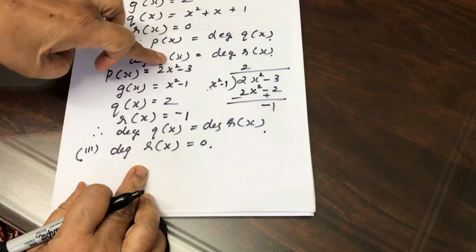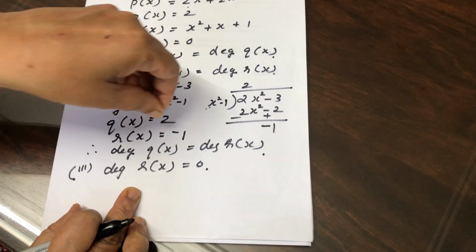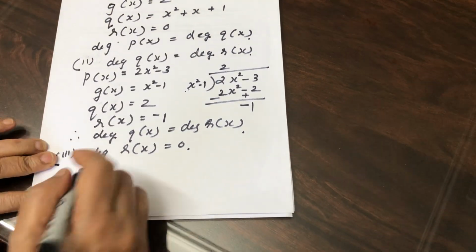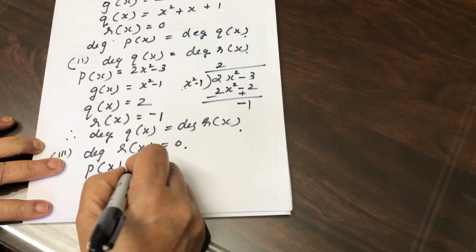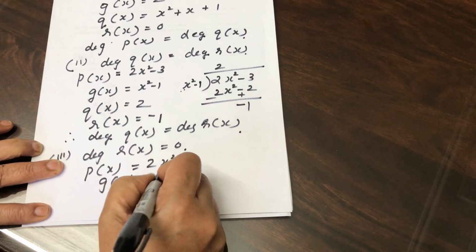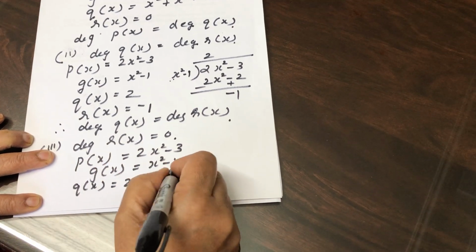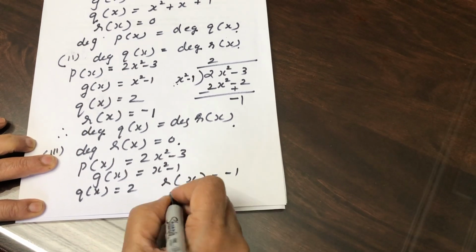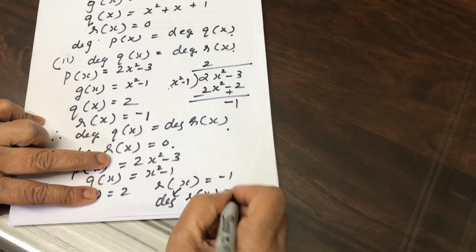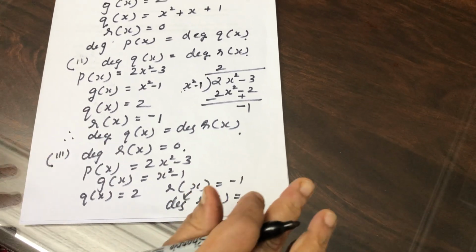The same example you can take, because r(x) is minus 1 and the degree of this remainder r(x) is 0. So same example: p(x) is equal to 2x squared minus 3, g(x) is equal to x squared minus 1, q(x) is equal to 2, r(x) is minus 1. Here the degree of r(x) is 0. All of you know that the degree of a constant term is equal to 0.